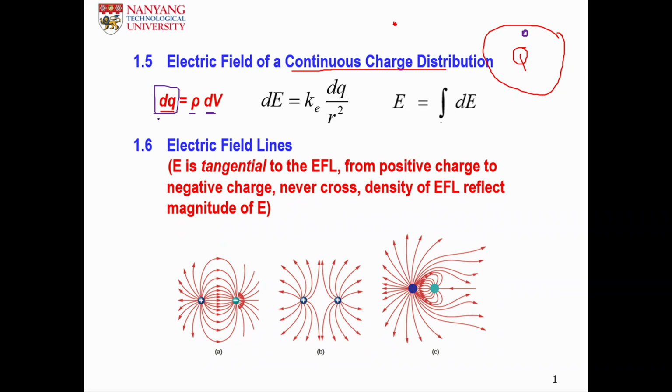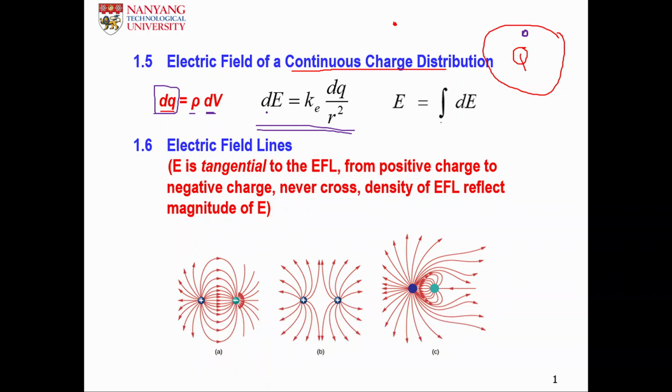Once this dq can be considered a point charge, we can apply this formula to determine the dE due to dq. Again, remember, this is valid only for a single point charge. Now we purposely create a single point charge dq, so that's why this is valid.